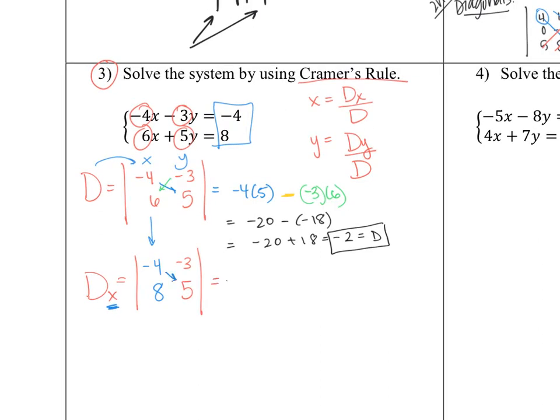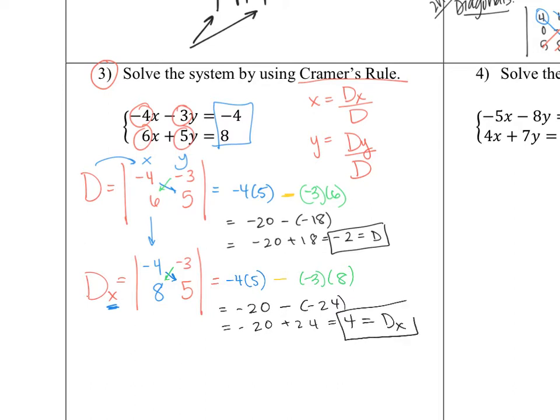So negative 4 times 5, again, minus, because that's what our formula does, and we'll have negative 3 times 8. So this is going to be equal to negative 20 minus negative 24, which is negative 20 plus 24, which is 4. So this is our Dx, our determinant where we replace the x column.